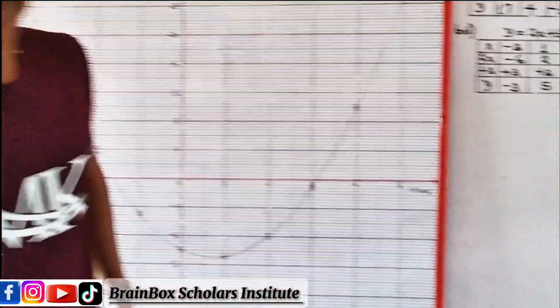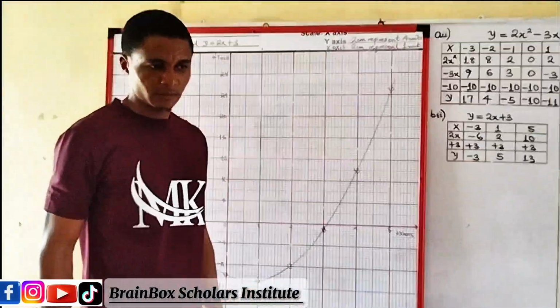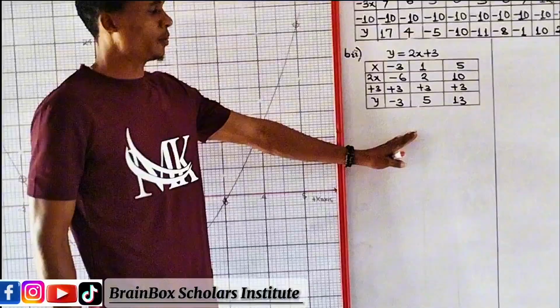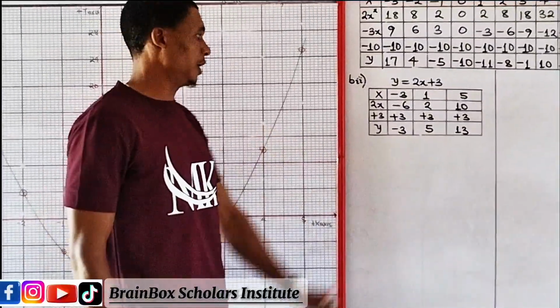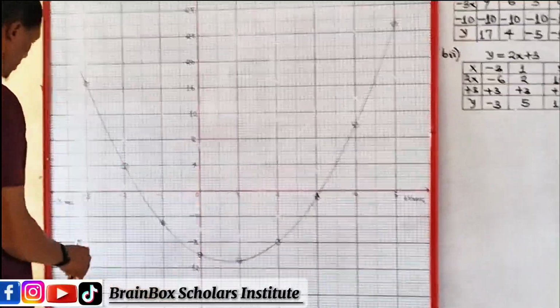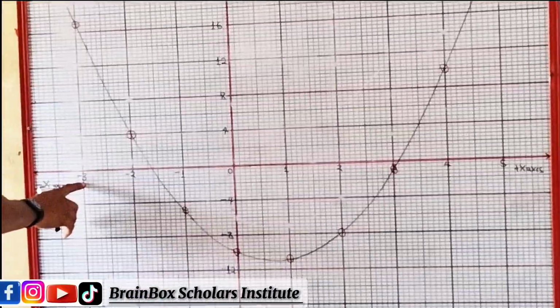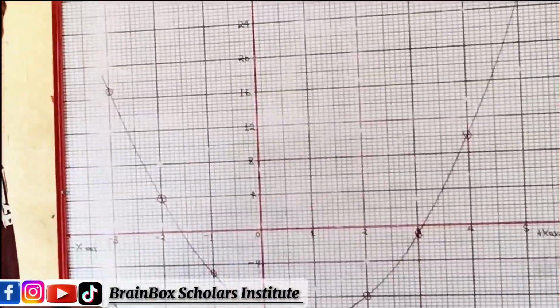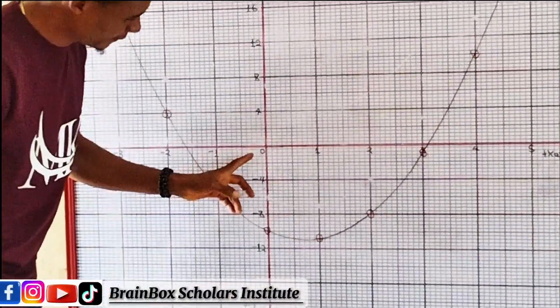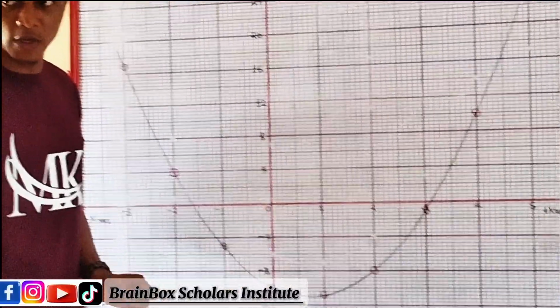Now let's go. Where's my red marker? I'm going to plot the graph for this table. I have minus 3 here. I will look for minus 3 for x. I see it. Then I'll look for minus 3 for y. Where is minus 3 here? Remember, the value of my tiny line on the y-axis is 0.4.